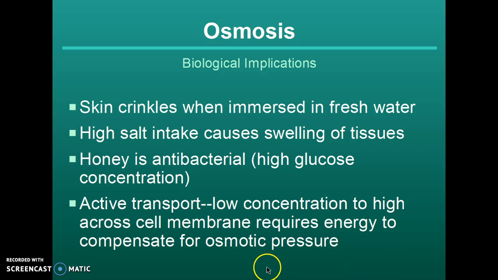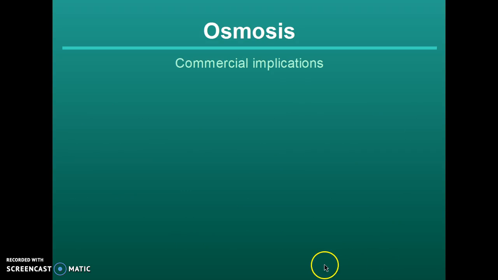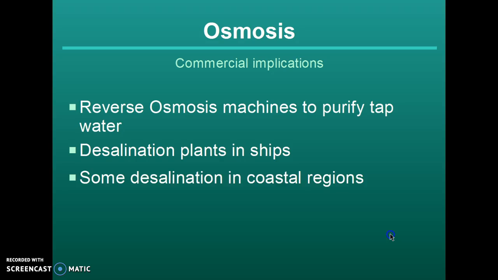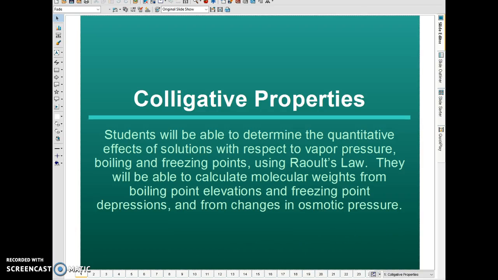And of course, you remember active transport: low concentrations of things that your body needs can move to high concentrations across a cell membrane, but you need ATP to make that happen. You need a proper pump. Commercial applications are clear. You can get reverse osmosis machines to purify your tap water, and desalination in coastal regions.